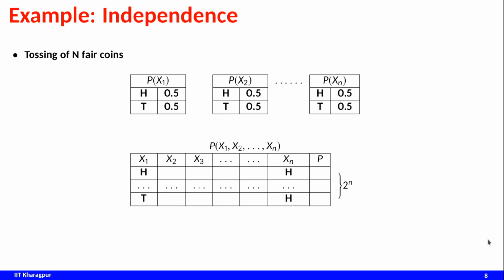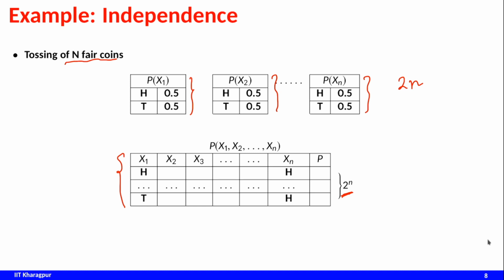Now independence has certain advantages. Say I toss n fair coins. For each of the coins I will have this probability, so I can express the individual stuff in this manner, which is absolutely fine. If I want to express the joint probability, then I have to express the whole stuff with 2 to the power n number of rows. Here I just need n tables and probably 2n rows will be sufficient for me.